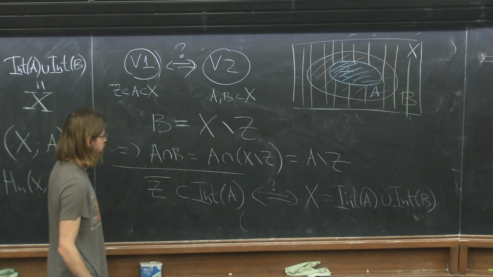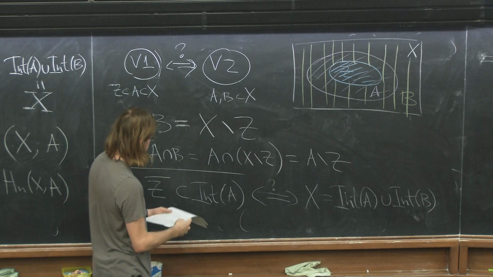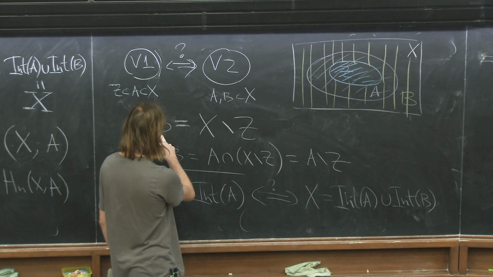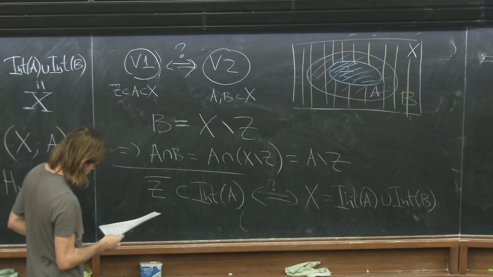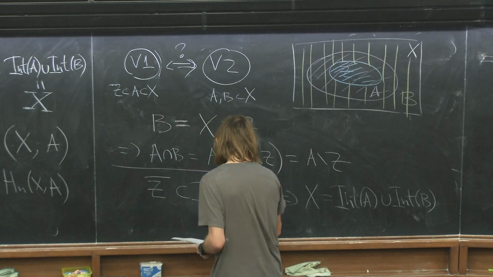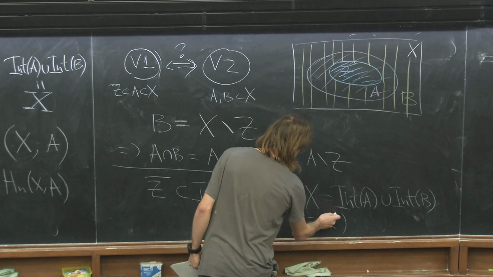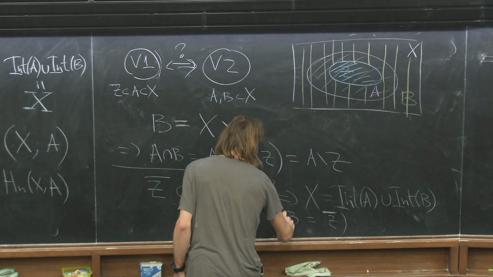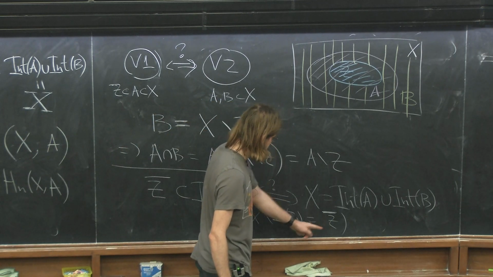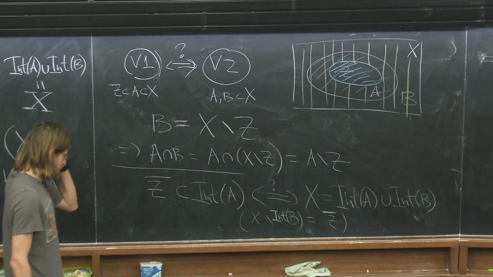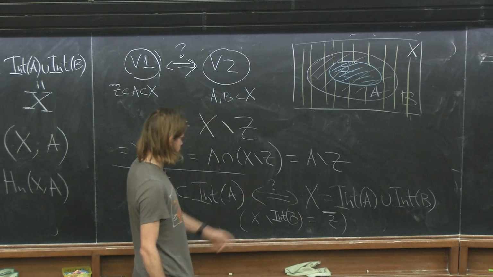Since B is the complement of Z in X, this means that Z is the complement of B in X. And if you want to add all boundary points to Z, this means you have to remove these boundary points from B. So this means that the complement of the closure of Z is X minus the interior of B. Okay, so if you now have this in mind, this becomes more or less obvious.